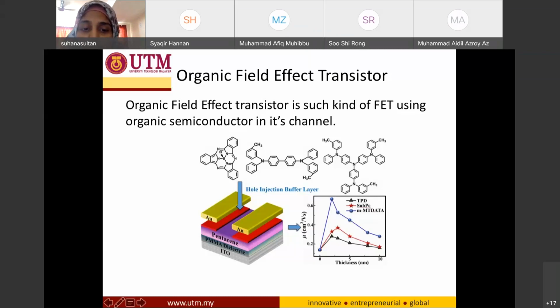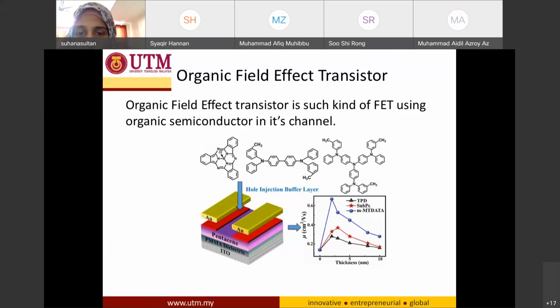So normally if you use an organic semiconductor, for the gate dielectric they use an organic dielectric like PMMA. In this paper I have taken, they use an organic dielectric with a back gate, and this is your source and drain.